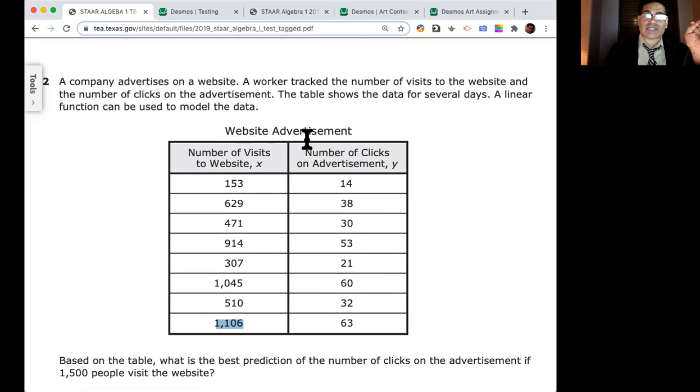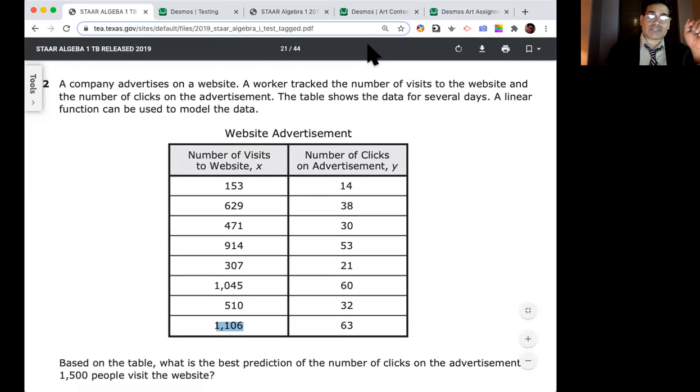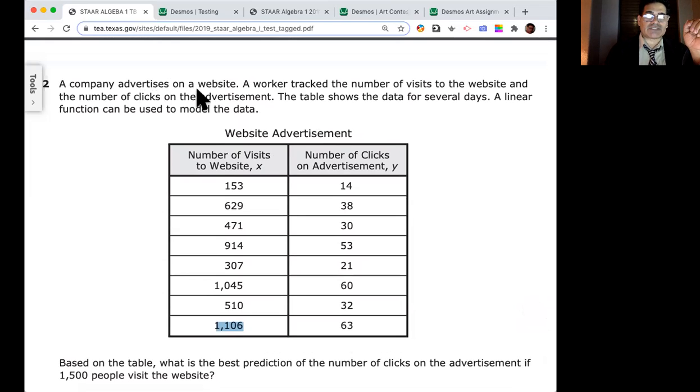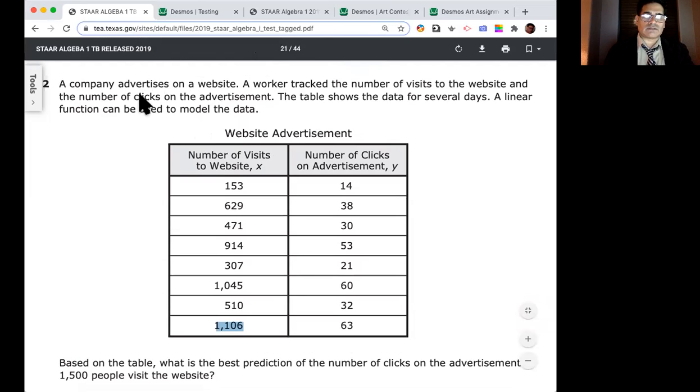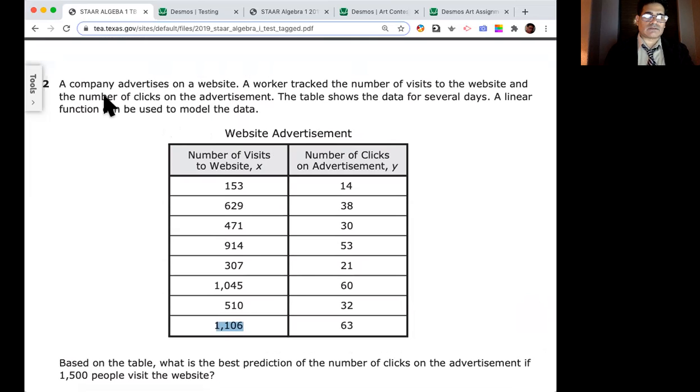A company advertises, I'm going to read again, see what notes I can make. A company advertises on a website, and a worker tracks the number of visits to the website and the number of clicks.